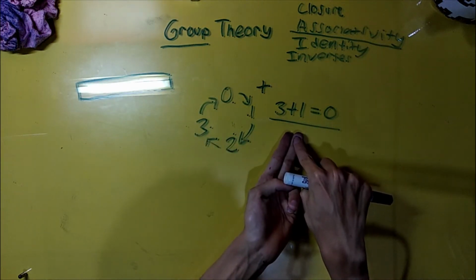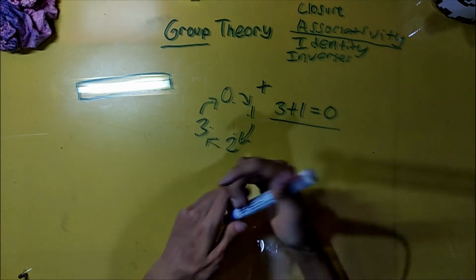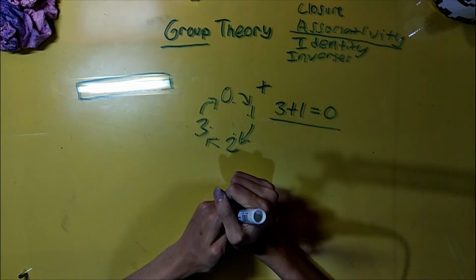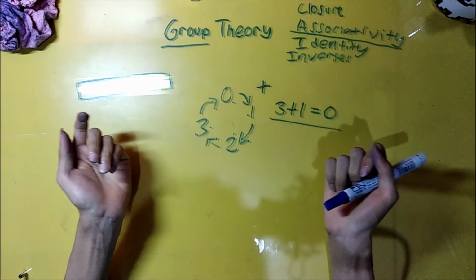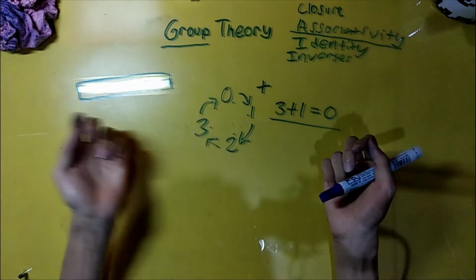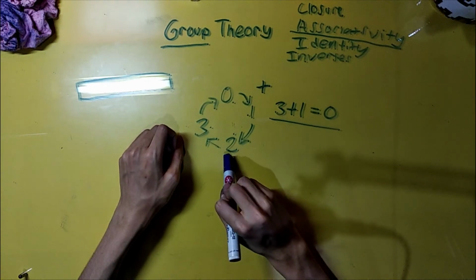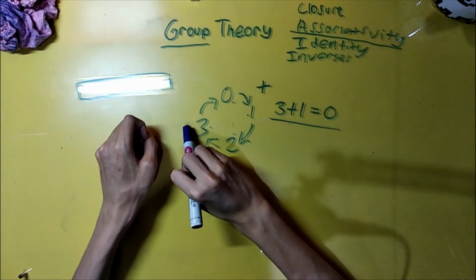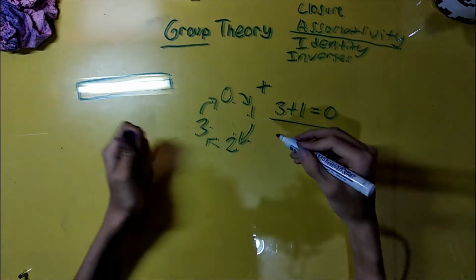Pretty weird, but it is what it is in this cycle structure. So let's figure out closure. Let's try to add numbers together and let's see what we get. Let's just try an example. Let's try 2 plus 3. What is 2 plus 3? 2 plus 3 is 1.